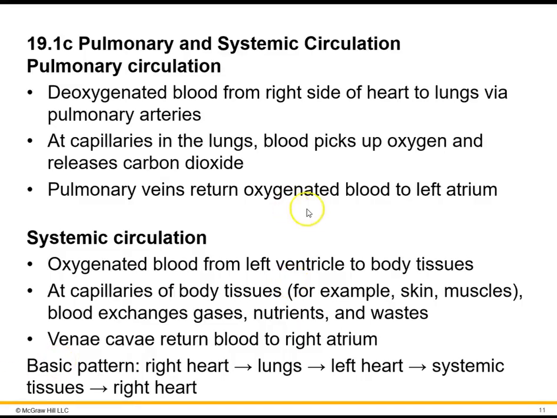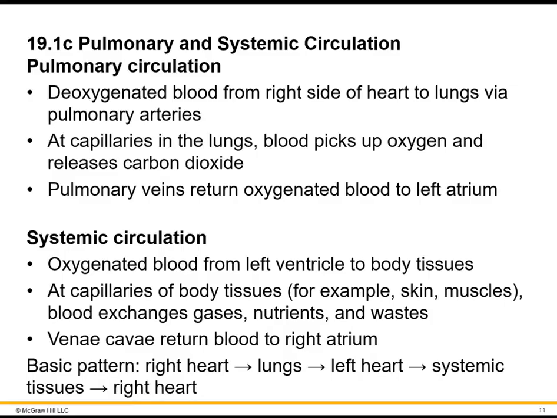That's the pulmonary circulation. That's all it is. Compare that to the systemic circulation. This is the longer circuit. This is where oxygenated blood from the left ventricle gets pumped out through the various arteries in the body to the different body tissues. In those body tissues, they enter capillaries, and that's, remember, where the exchange of nutrients and gases and wastes occurs.